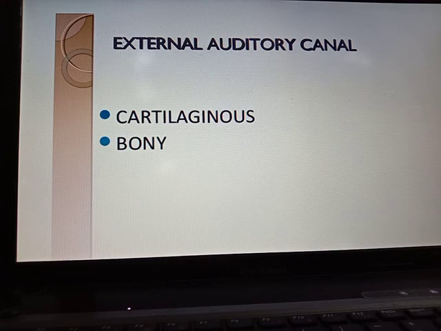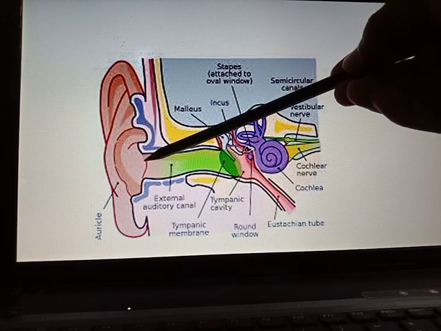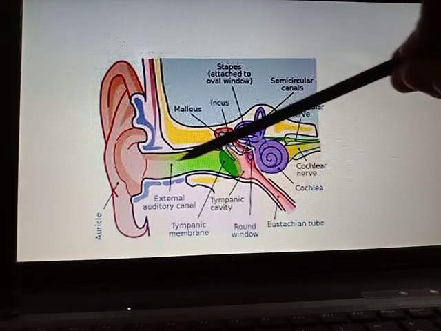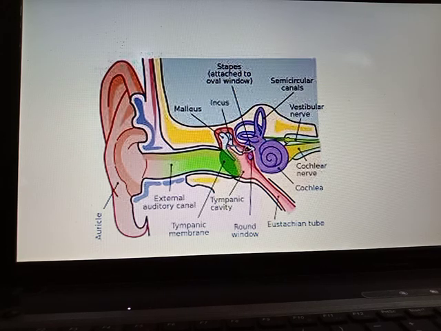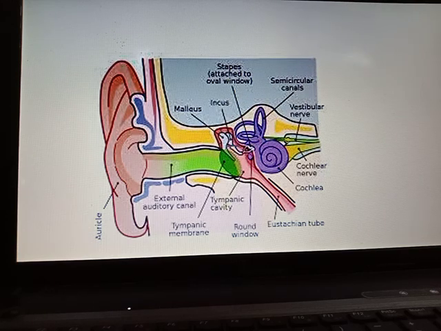It extends from the bottom of the concha to the tympanic membrane, which separates the external ear from the middle ear. It is about 2.5 centimeters in length. If you measure from the tragus, it is about 4 centimeters, and it is S-shaped. On cross section, it is oval.